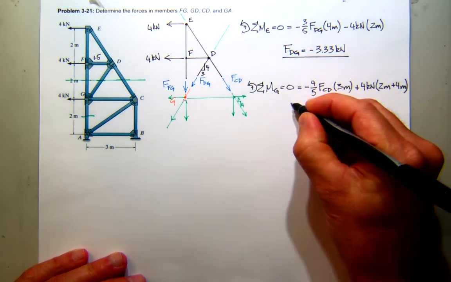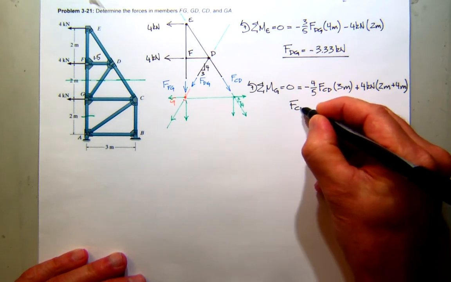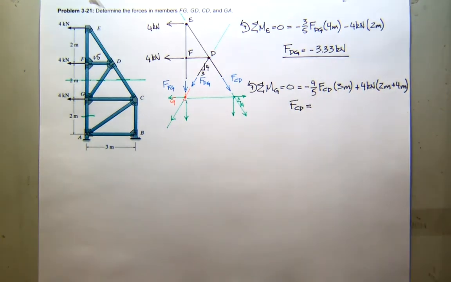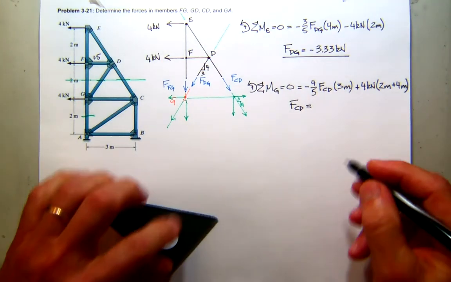So let's solve for the force in CD. It looks like it's going to be positive, and it's going to be 10, I'm guessing. Is it 10? Yes. Wow, good guess.